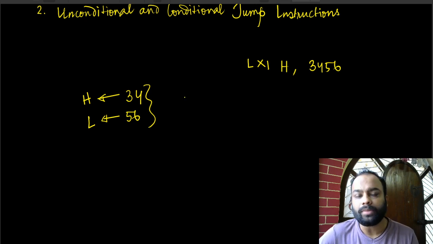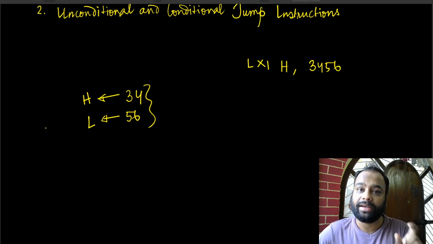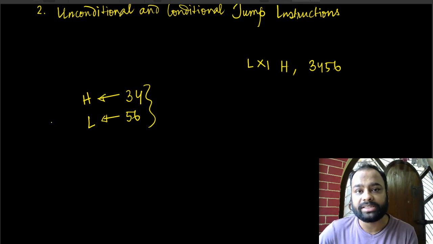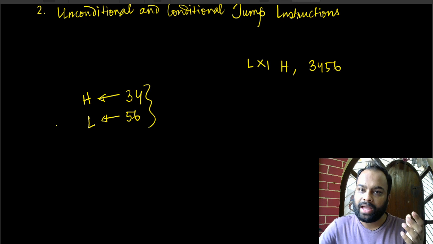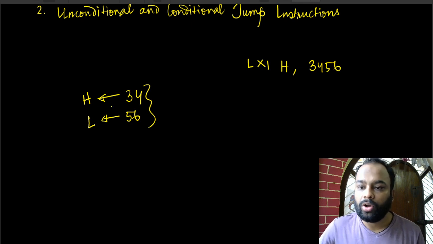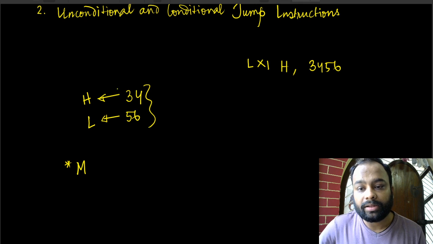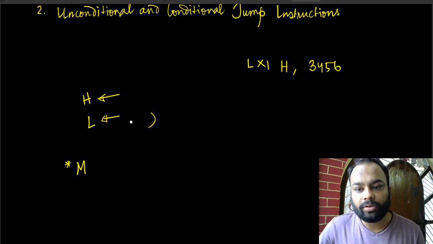The second thing is that we can use the HL register pair as a 16-bit general purpose register, do 16-bit operations on it, and manipulate its data. Or the third thing we could do was use the value that is being stored there.